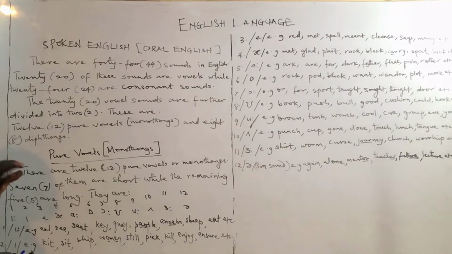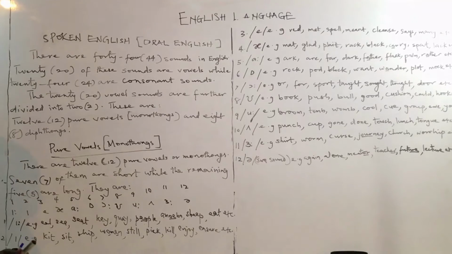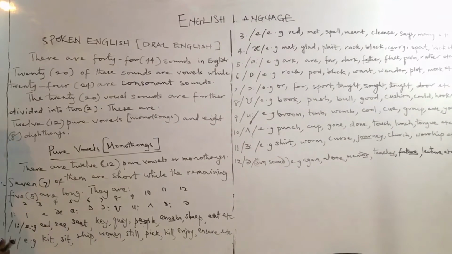A, E, I, O, U. They were not enough, and they could not represent all the sounds in the English language. And that was why this was developed. And we have 20 sounds now instead of the 5 vowel letters. We have 20 vowel sounds now.